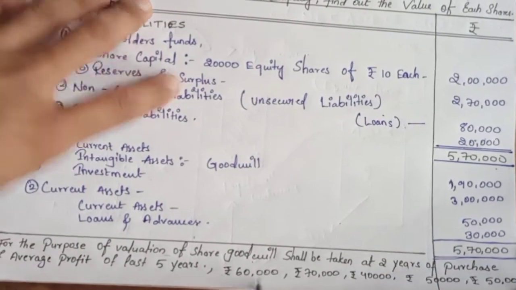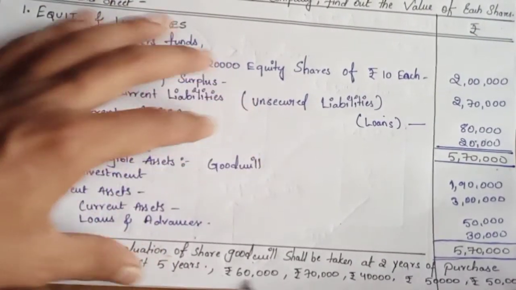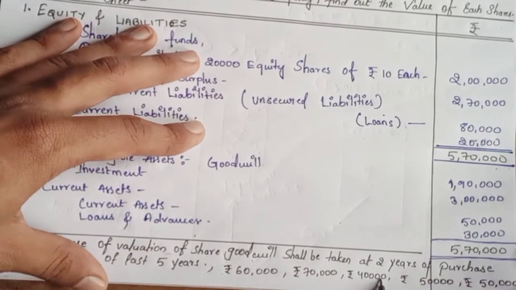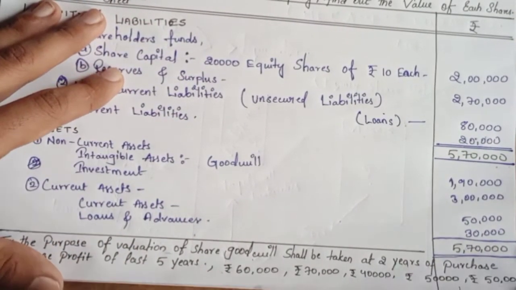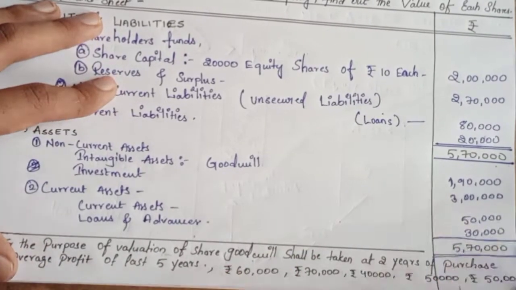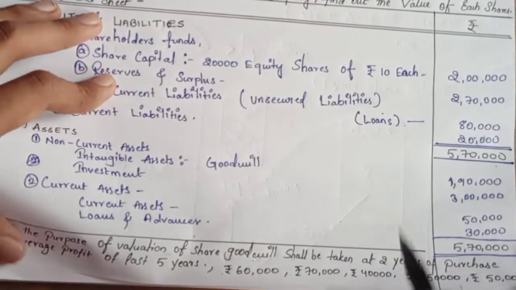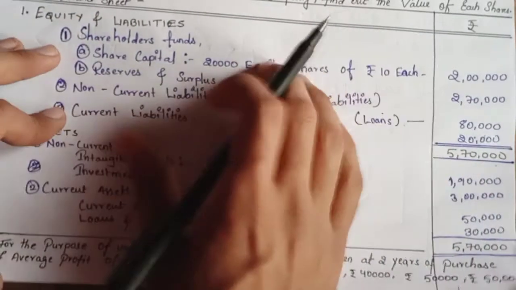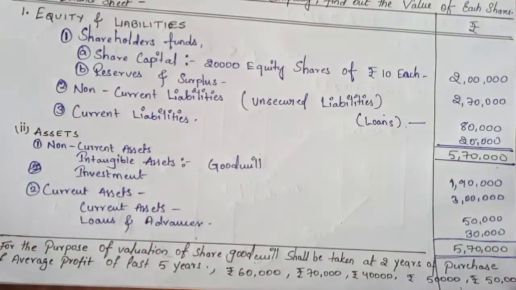The last 5 years' profit is given here: 60,000, 70,000, 40,000, 50,000 and 50,000, right? So we have to take these profits and find the average profit, and then find the goodwill to solve this problem. Okay, so let's do that first.